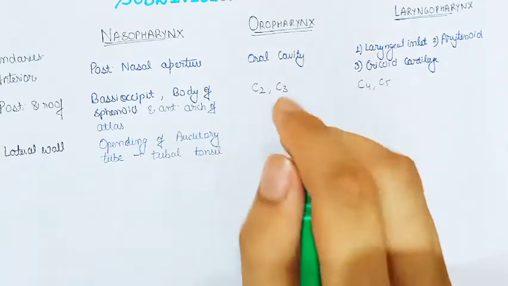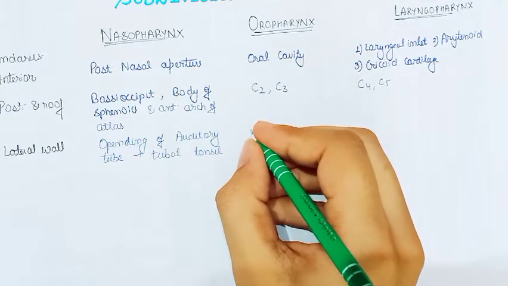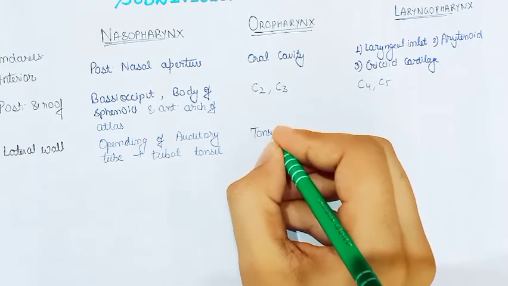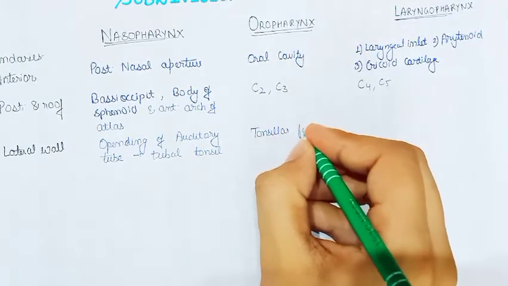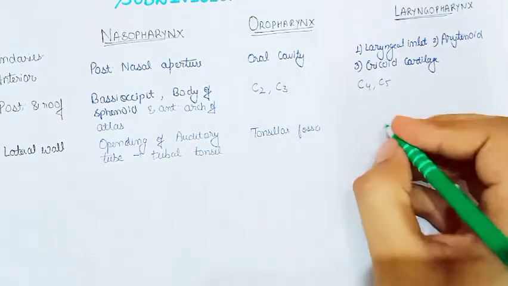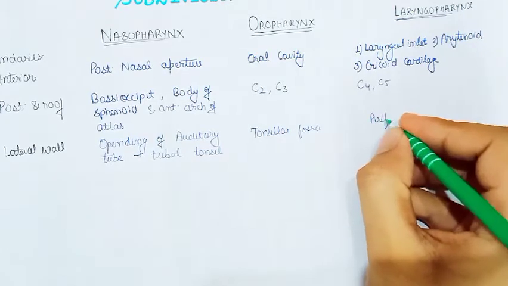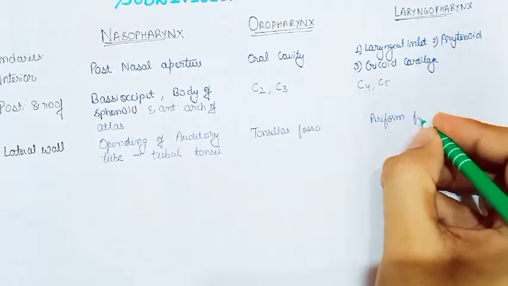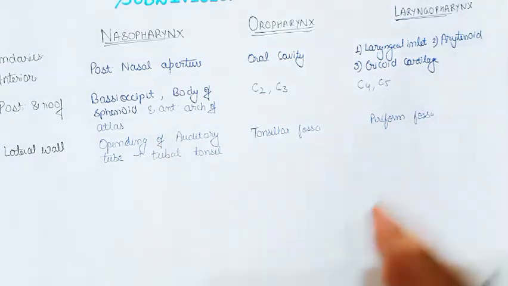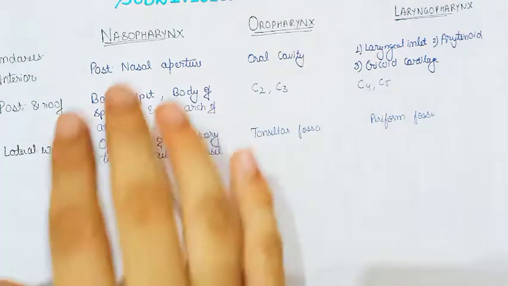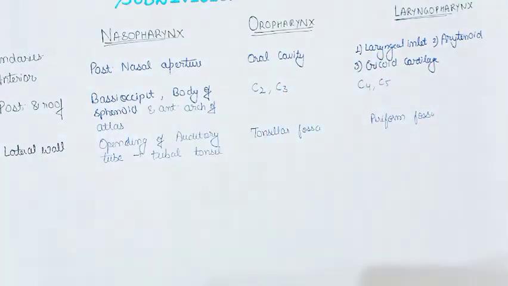In the case of the oropharynx we have the fossa which is called the tonsillar fossa. In the case of the laryngopharynx we have the piriform fossa. So like that we have completed the boundaries of the nasopharynx, oropharynx and the laryngopharynx.